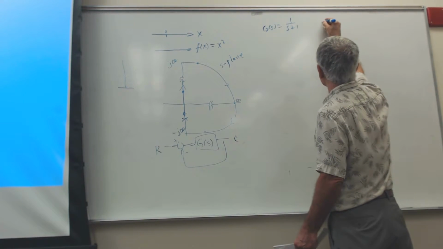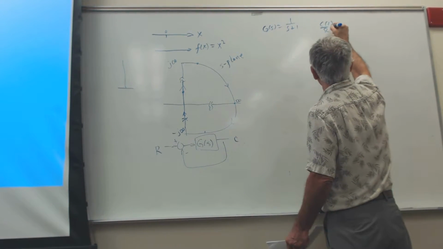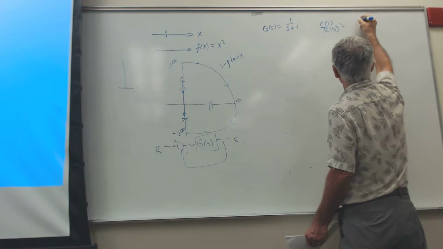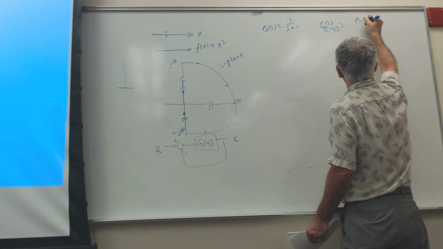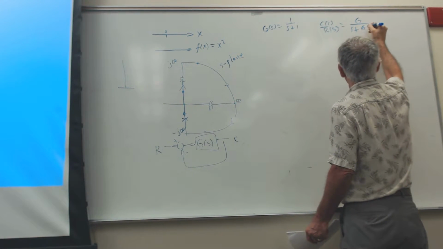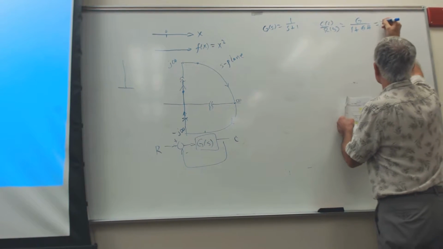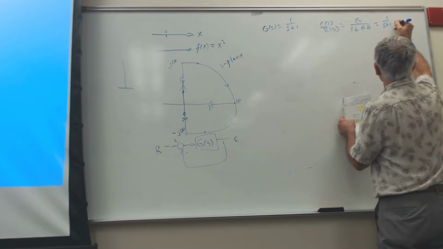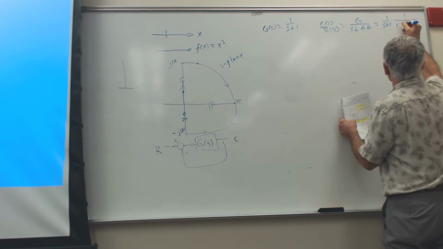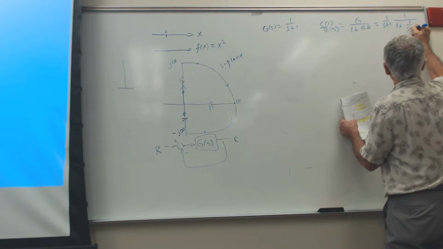In other words, C of s over R of s is equal to G over 1 plus GH. The H is equal to 1, okay? So this is equal to 1 over s plus 1, and we're dividing by 1 plus 1 over s plus 1.